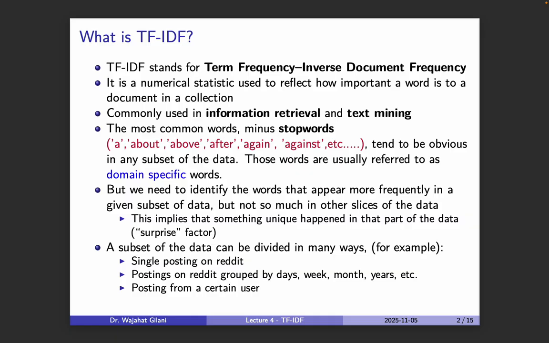So all the postings in a certain day could be considered one document, or in a certain week, month, year, et cetera. Also, maybe if there are certain postings from certain users, each particular user's postings can be considered a separate document. So the way we define document in the corpus of our data can be done through multiple features of the data. It really depends on what we're trying to do.